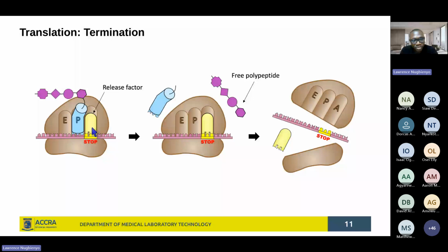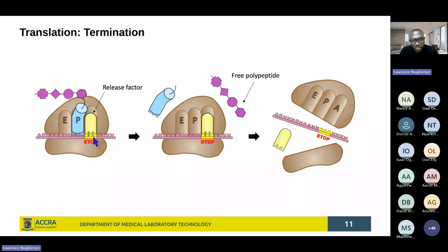But what you have is what is referred to as a release factor. A release factor is a protein. These are proteins that come to give a signal or just block the process from continuing. So it comes to bind onto that stop codon.